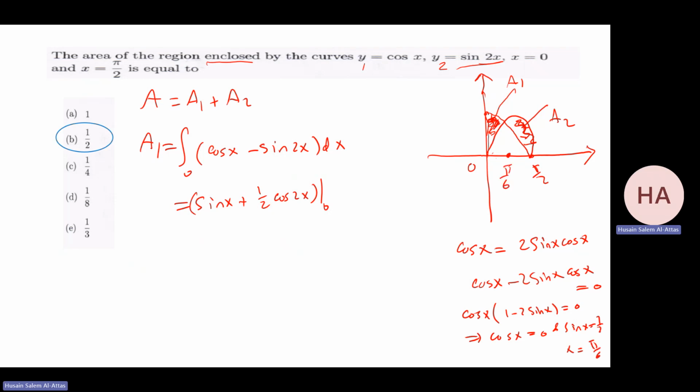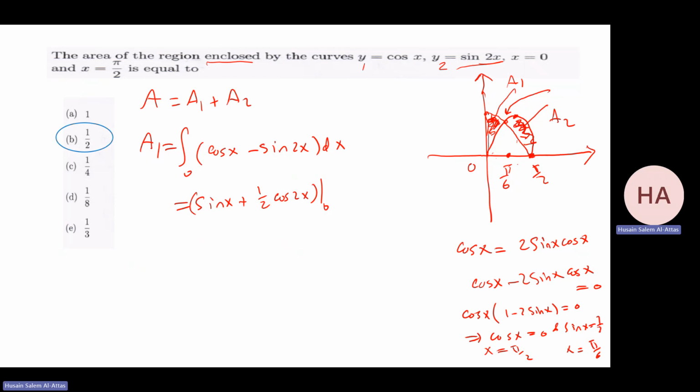This is pi over 6. Sine 2x will reach 1 here, which is pi over 4, but this is not the point of intersection. The point of intersection is pi over 6. And x equals pi over 2, where they intersect also. So this is another point of intersection.